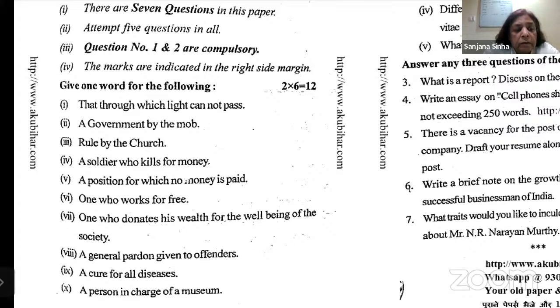When you see sentences like these, a philanthropist is a person who donates his wealth for the well-being of the society. He has to love the human race or mankind, right? So you can write philanthropist.